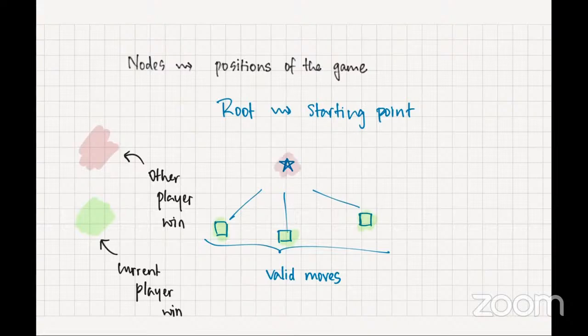Does that make sense? Because from here, wherever you go, that player is going to win, and so you have nowhere nice to go. But on the other hand, if you have at least one child in the tree that's an other player win, then the root is a current player win.